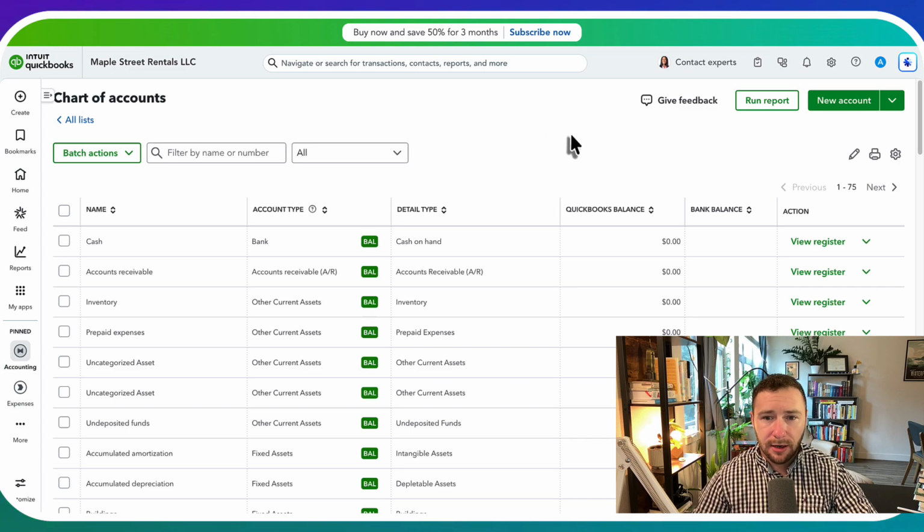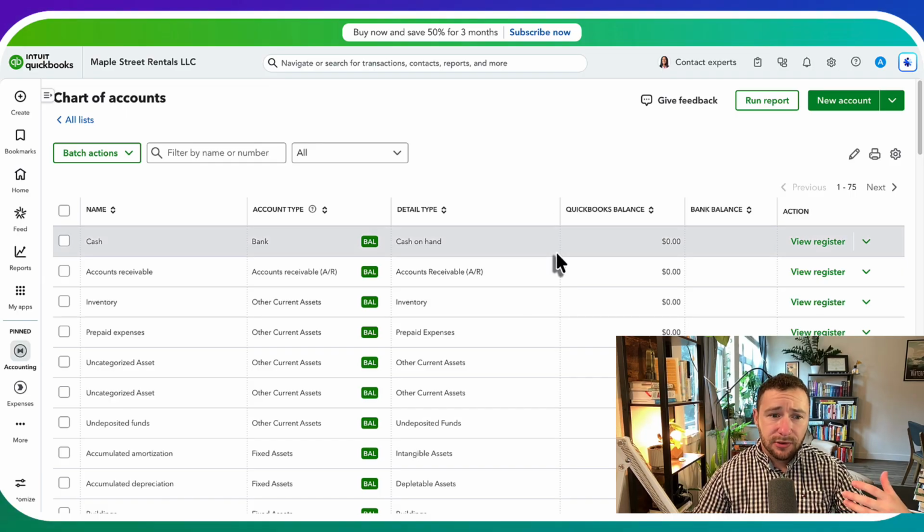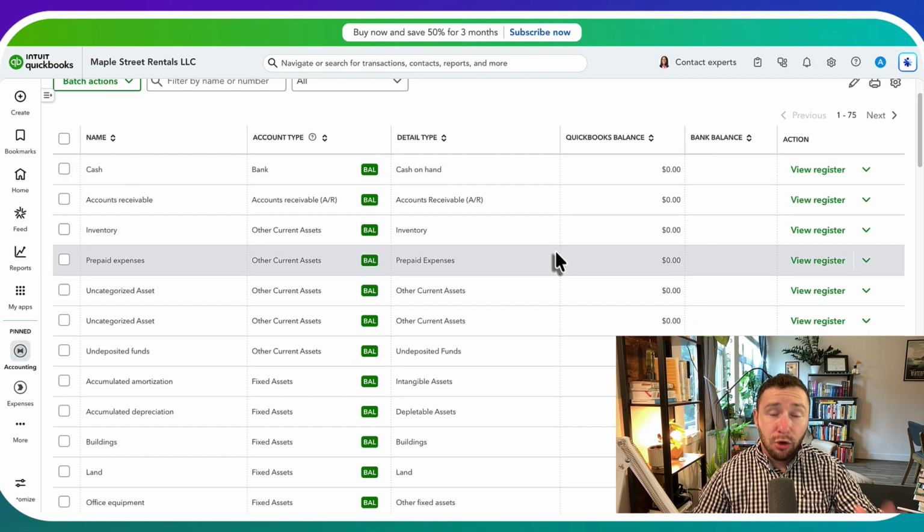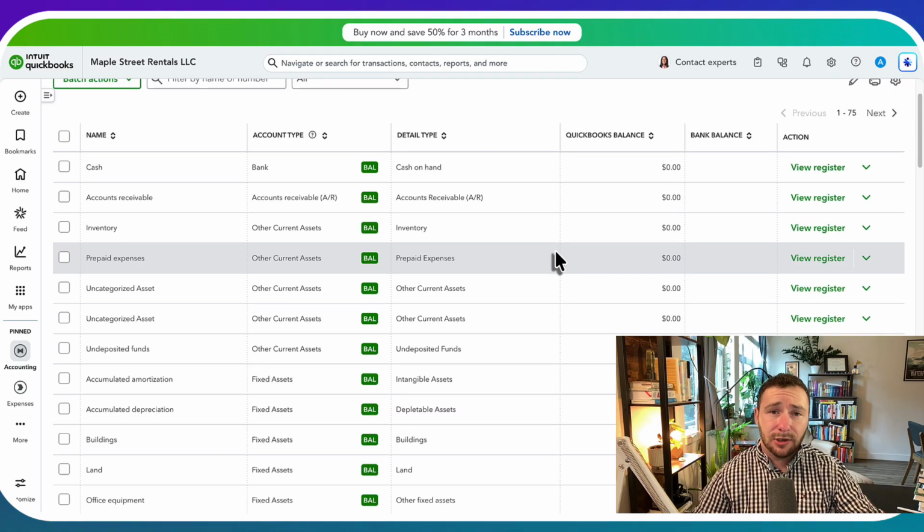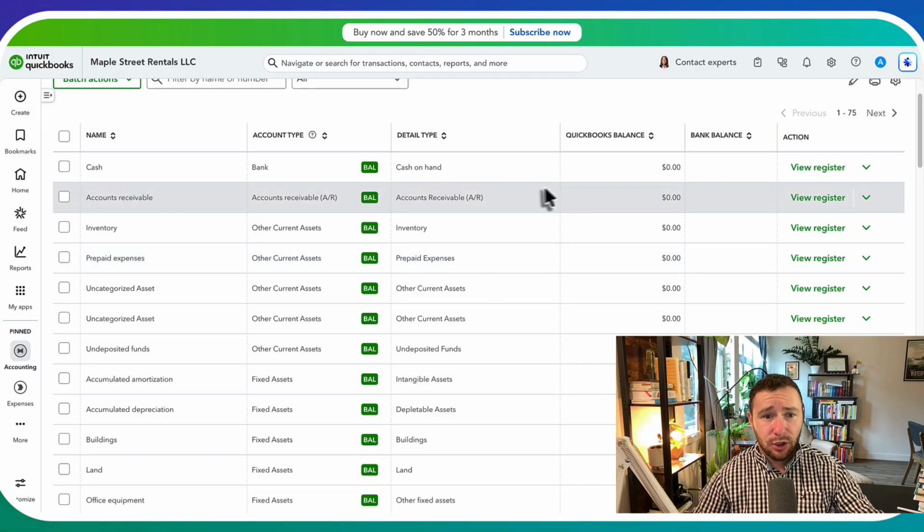Okay, so here we are in the chart of accounts. And QuickBooks will automatically populate the chart of accounts with a lot of basic accounts, but also certain accounts that you cannot delete because they are being mapped to certain functions in the software. So for instance, you have an account called accounts receivable.